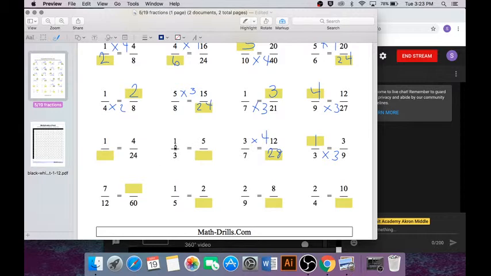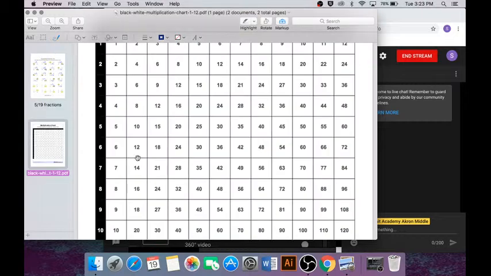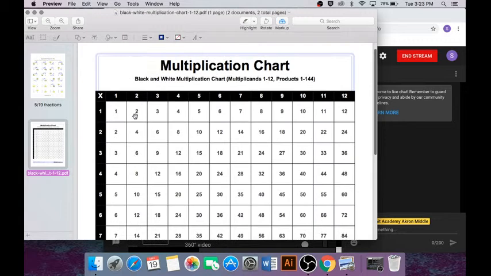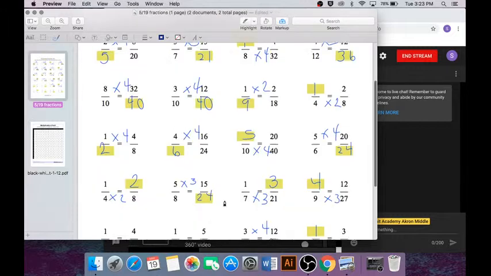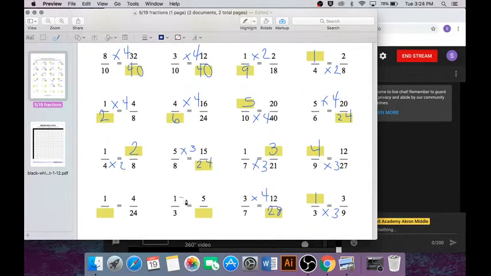On this one, we have our numerators filled in. We start with 1, and we need to see 1 times what is 5. So on our 1 times table, we go over and we find 5, and we see 1 times 5 is 5. So this fraction has been multiplied by 5.